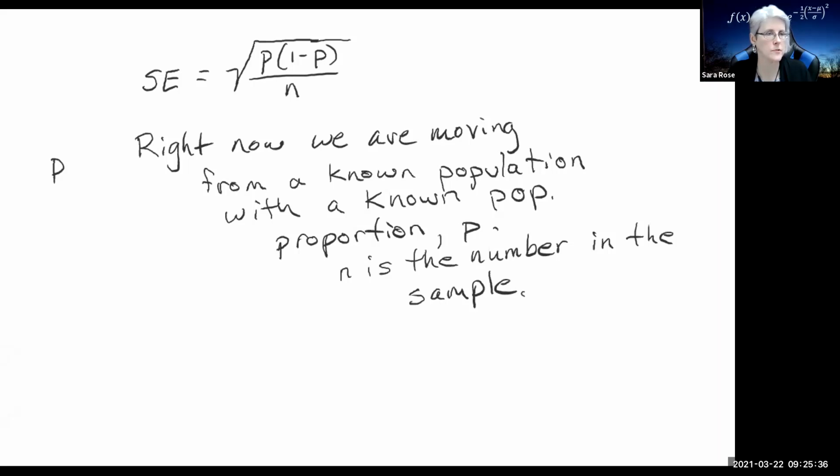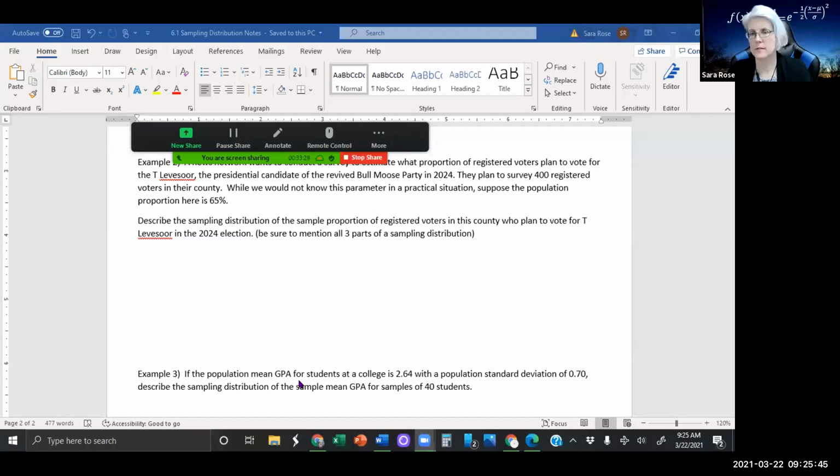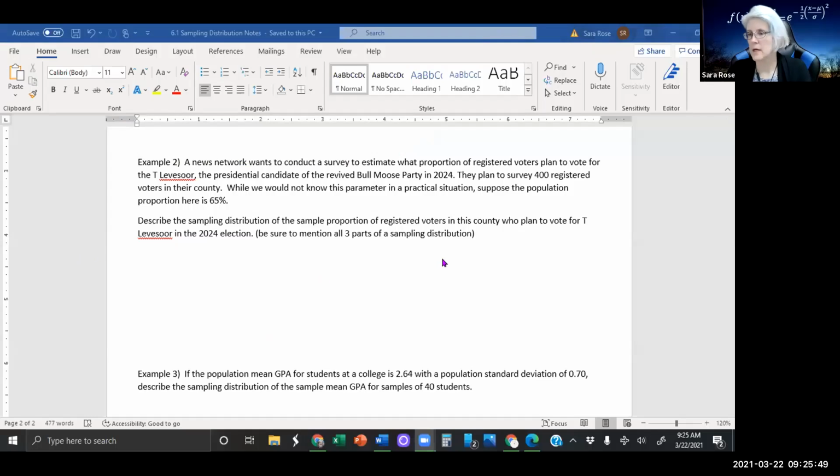I'm going to share a different screen now. Here is my screen with example 2. So first, we're going to do a sampling distribution.